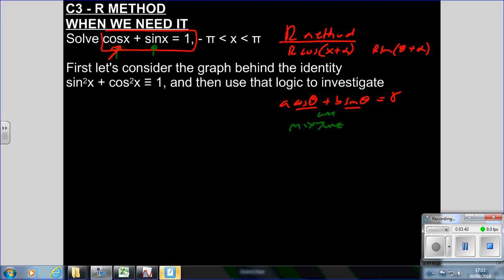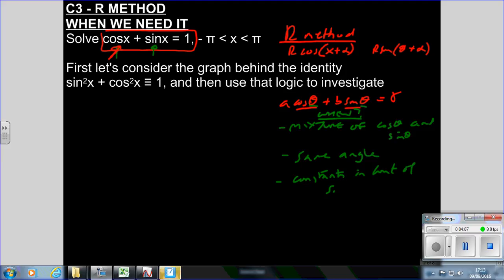When you've got a mixture of cos and sin, the same angle, so here θ and θ, when you've got constants in front of sin and cos, so here a and b, and when the whole thing equals a constant.